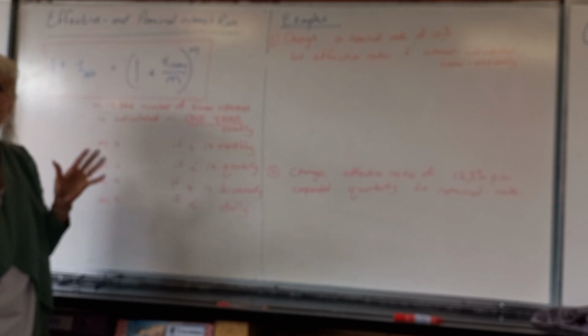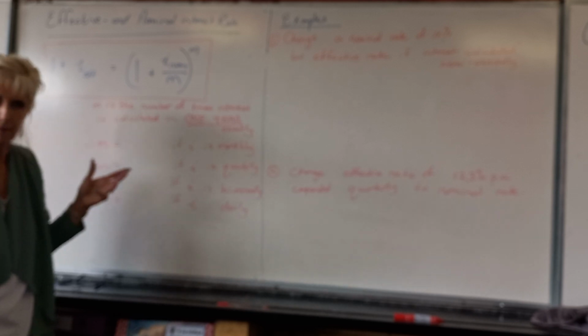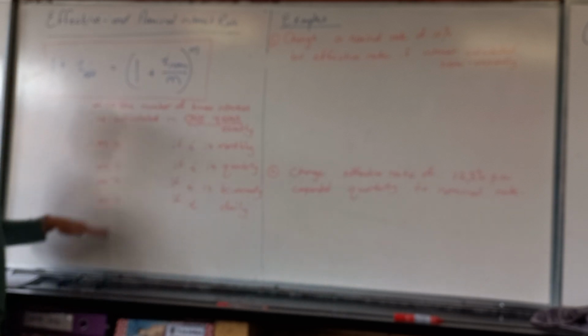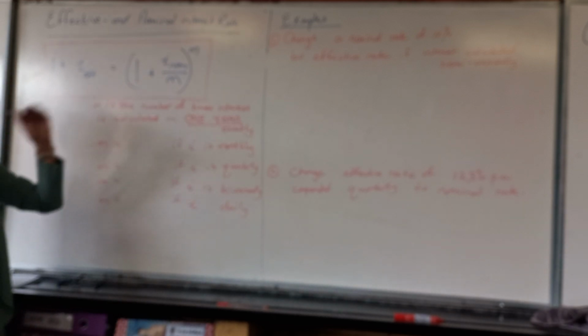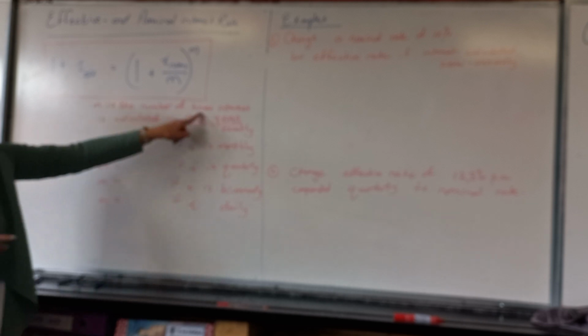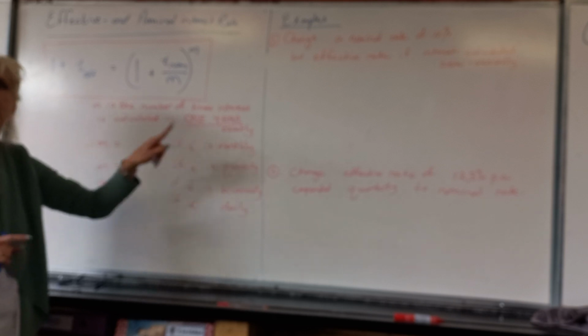Now m is a mysterious new thing I'm putting in there. And I'm using m because everybody uses m. You could just as well use anything, but we're using m because everybody else does. Now m I'm explaining to you here. In your sum, when we're going to do it now, you'll see. m is the number of times that interest is calculated in 1 year.